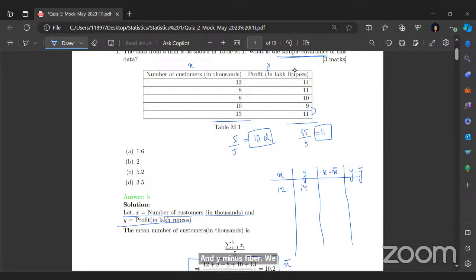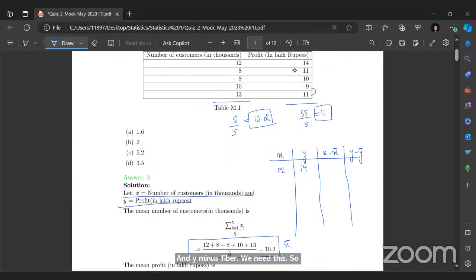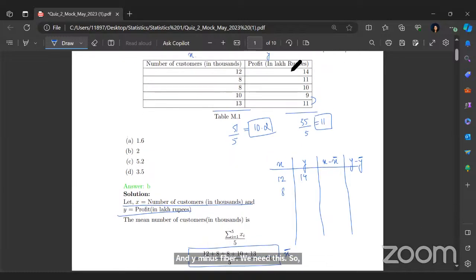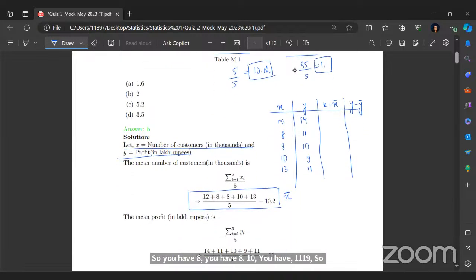We'll need this. So 12 minus 10.2. Just do everything. You have 8, 10, 13, and 11, 10, 9, 11. What is 12 minus 10.2? It will be 1.8.